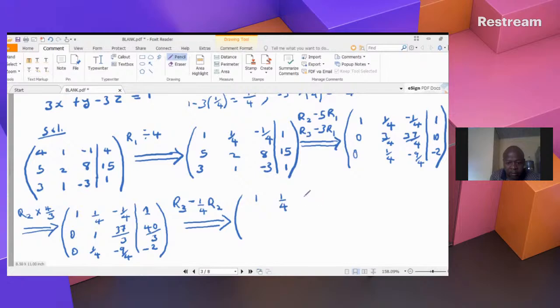Let's write it, and let's ensure that we transfer the exact elements, because I noticed that last time we transferred a wrong element and it affected our results. Second row, again, the same. That's 7 out of 3, and this was 40 out of 3.